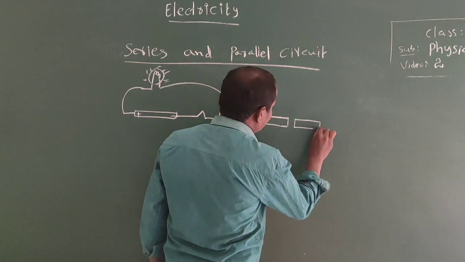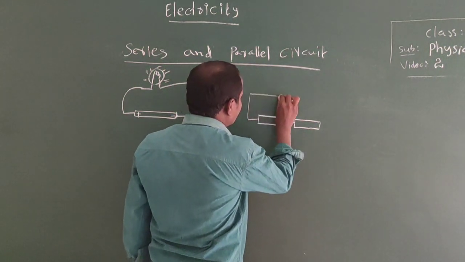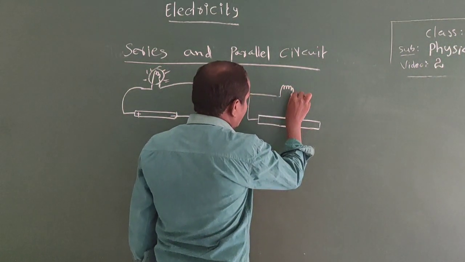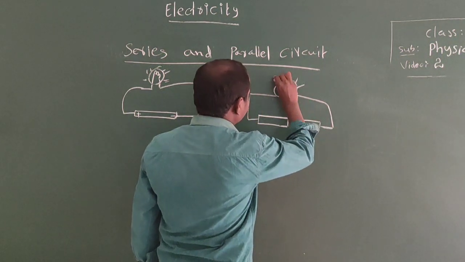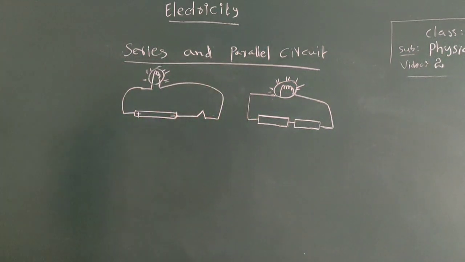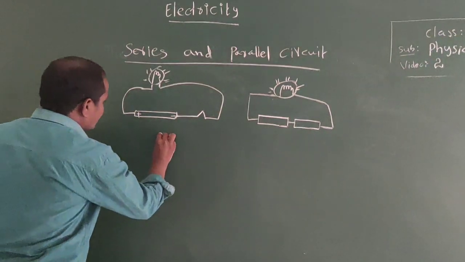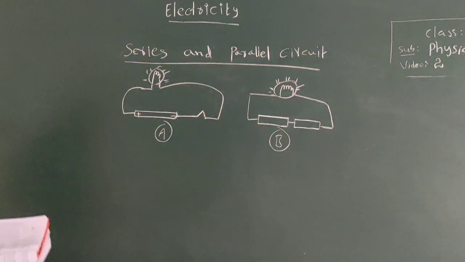These are connected with the bulb, figure one, A and B. In this method, the positive terminal of the first cell and the negative terminal of the second cell are connected to the bulb.